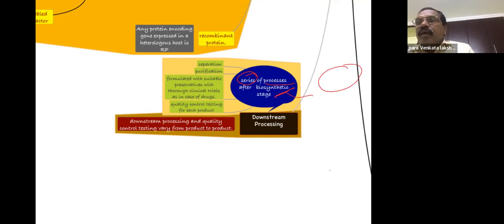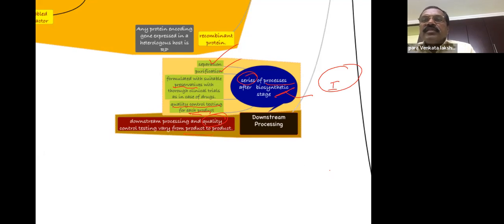In the bacteria, the concerned insulin may be produced. So you need to separate, then you need to purify, then you need to add preservatives, then quality control testing for each product. This is the downstream process, so that the quality can be maintained.